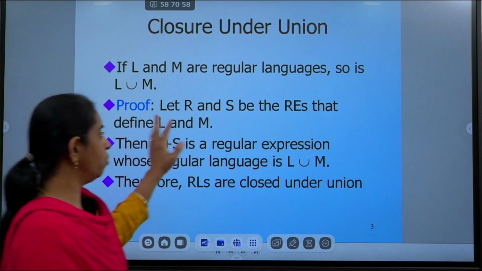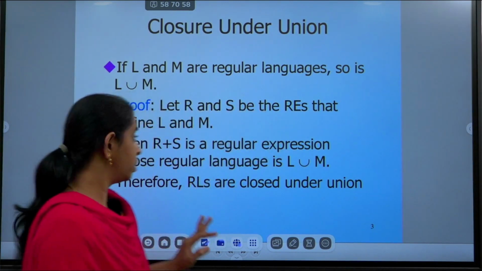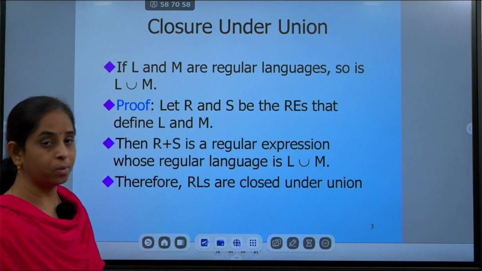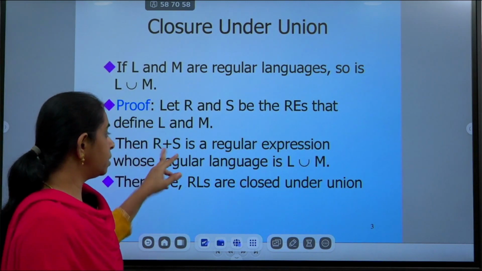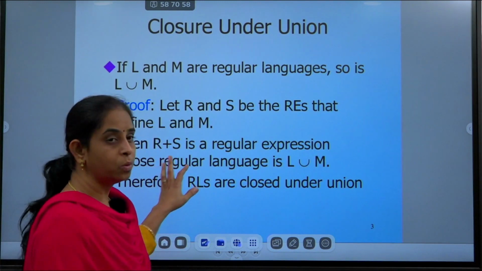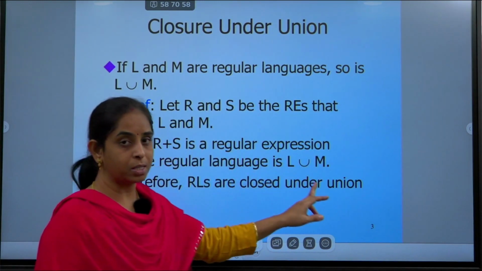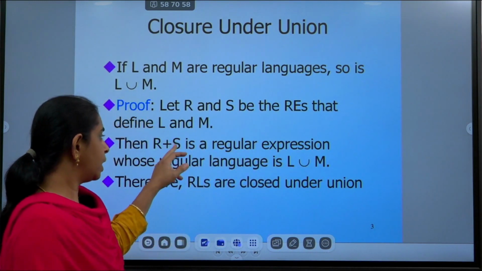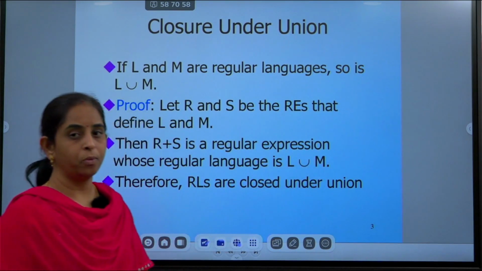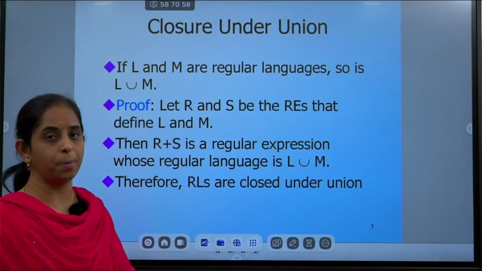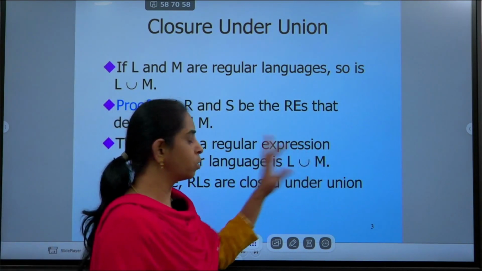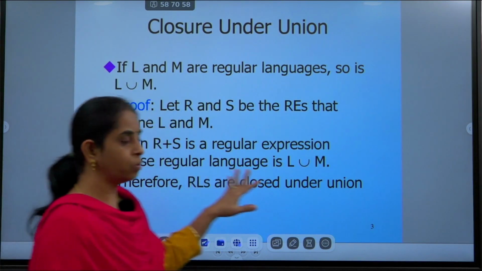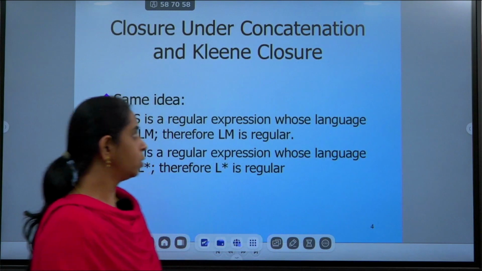Let R and S be regular expressions, where R is the regular expression for L and S is the regular expression for M. Then R plus S is a regular expression whose language is L union M. Whenever we apply R plus S, the union operation, L union M is also regular. Therefore, regular languages are closed under union.